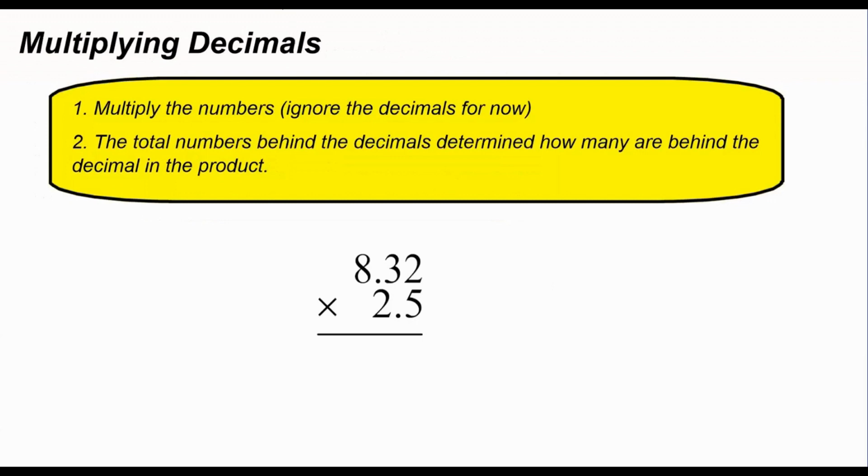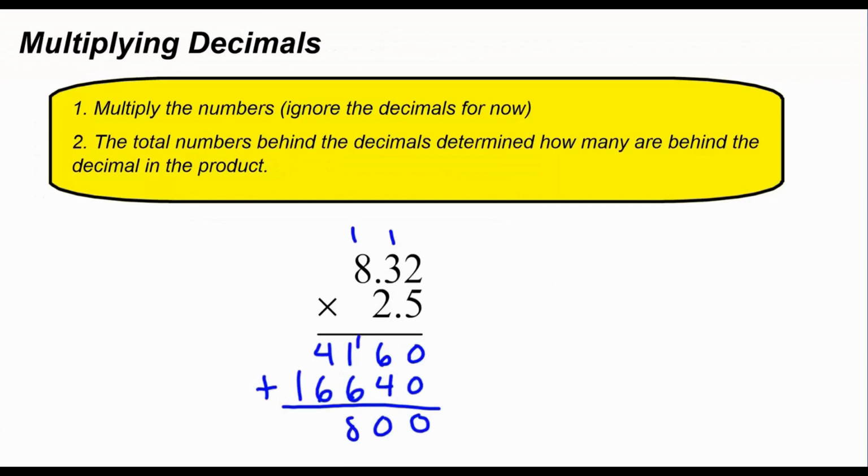So I'm going to take 5 times 2 is 10. 5 times 3 is 15, plus 1 is 16, and 5 times 8 is 40, plus 1 is 41. Add a 0. 2 times 2 is 4, 2 times 3 is 6, 2 times 8 is 16, and then add these together, 0, 10, 8, 10, 2.